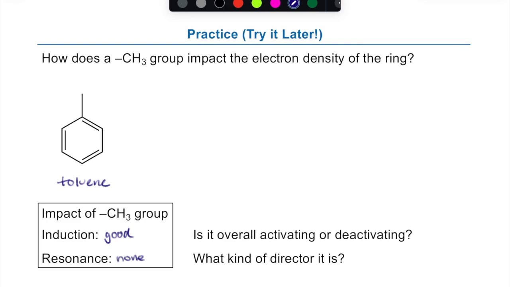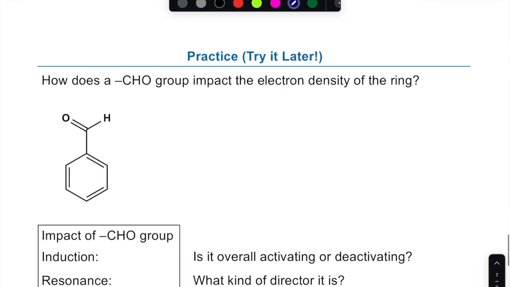So overall, this is a semi-activating group just because of induction. So it would be activating, and it is an ortho para-directing group. For that, we can't add resonance forms. No resonance forms.